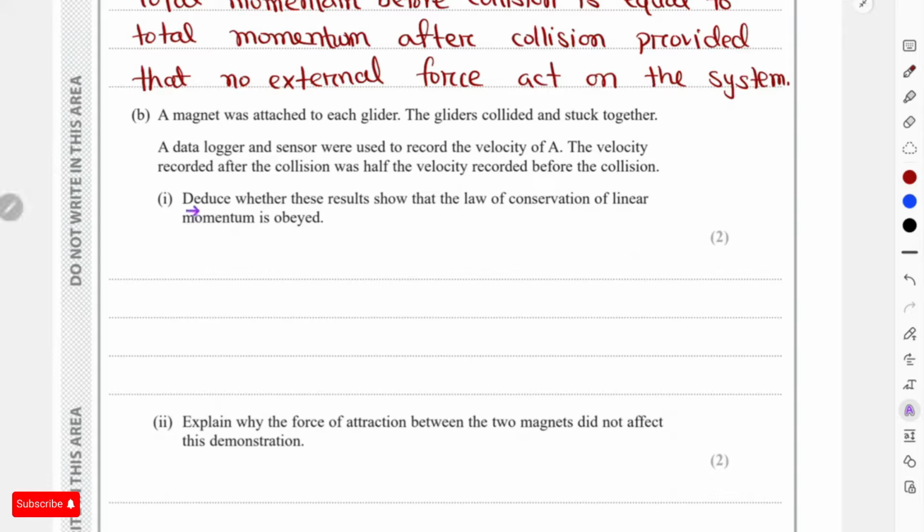Now we need to deduce whether these results show that the law of conservation of linear momentum is being obeyed or not. Before collision, the mass of glider A and glider B is constant, as they will still have the same mass. But after collision, the velocity is half.